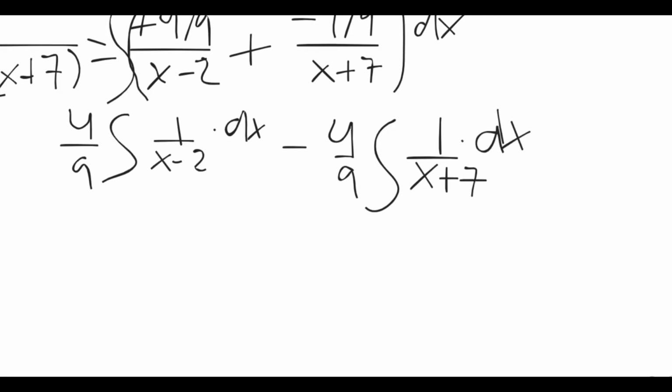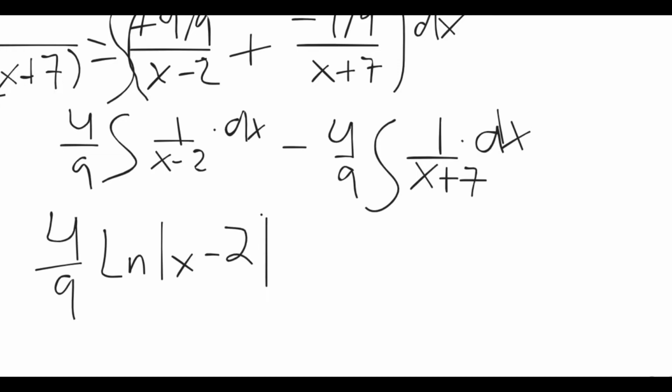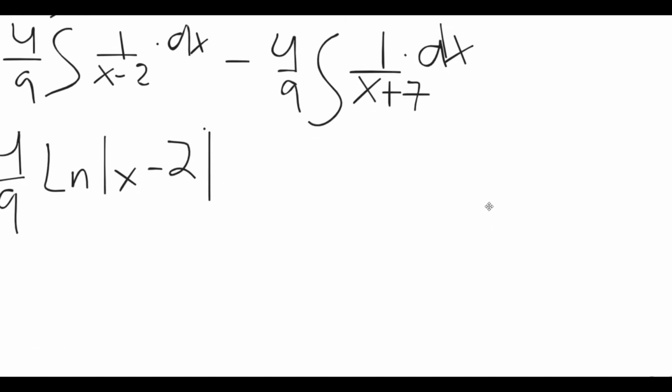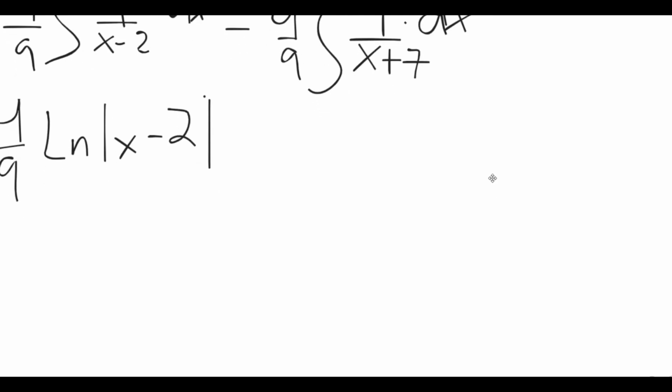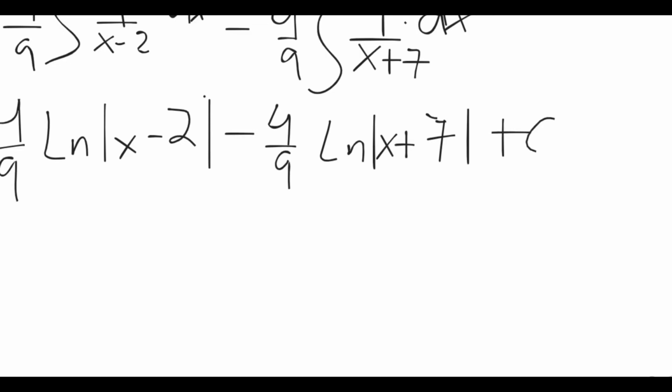Whenever we integrate this, we get 4 over 9 natural log of x minus 2, minus 4 over 9 natural log of x plus 7, and then everything's being added with c, and that's our final answer.